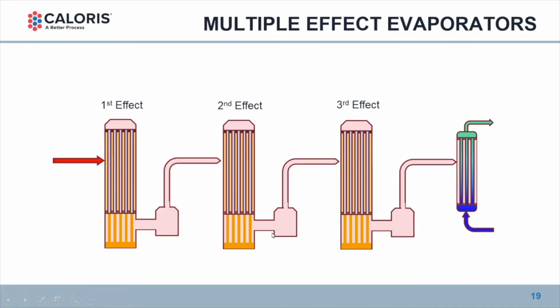That second effect operates at a lower temperature, lower absolute pressure, evaporates more water from the product, becomes the heating source in the third effect, again operating at a deeper vacuum, and we get some more evaporation, and those vapors are then sent to a surface condenser to extract that waste heat.